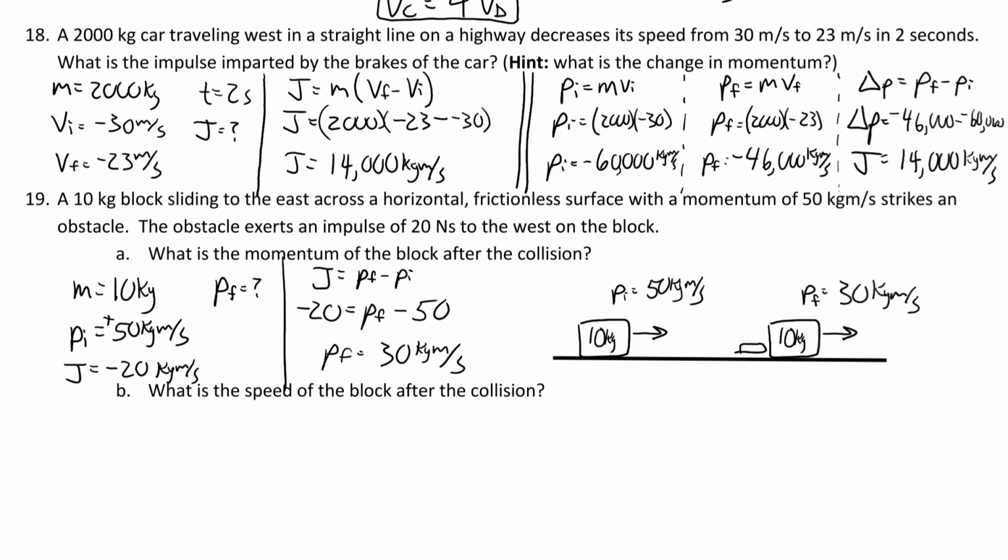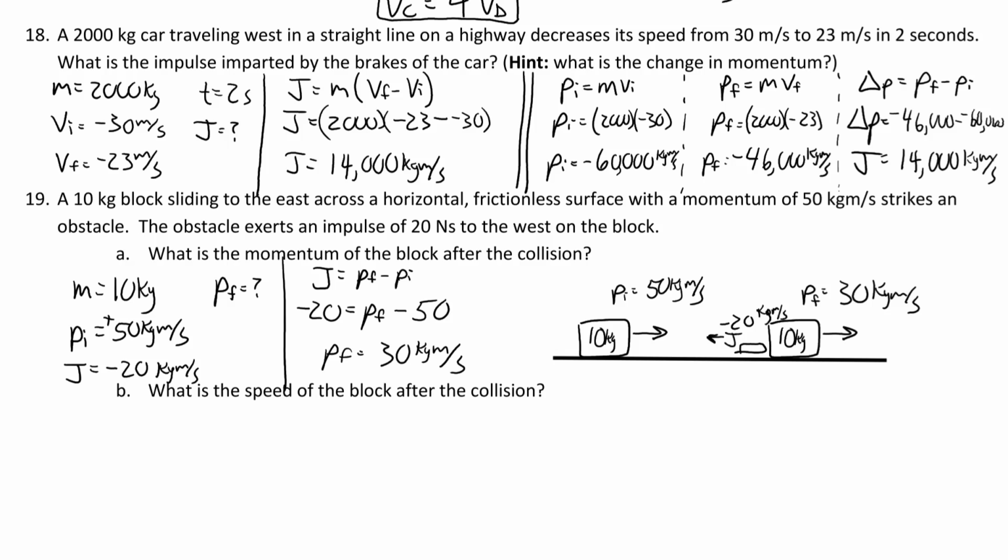You have these weird terms, impulse and a unit of Newton seconds, but really you have 50 kilogram meters per second. Basically, let me take the units out of it. You have 50, you subtract 20, you're left over with 30. That's what it comes down to. You change your momentum by 20 kilogram meters per second because this impulse acts in the opposite direction.